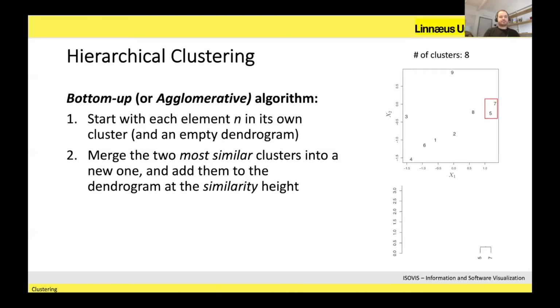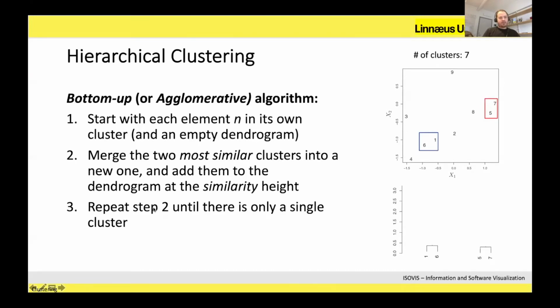And then we put them over here at the similarity height. The similarity between them is something close to 0.5, maybe 0.4, in this feature space that we have over here, which is artificial.